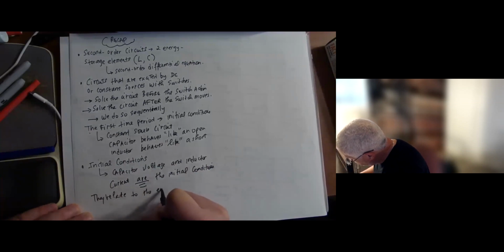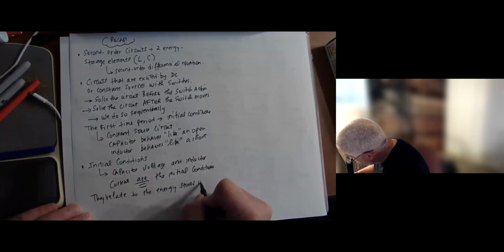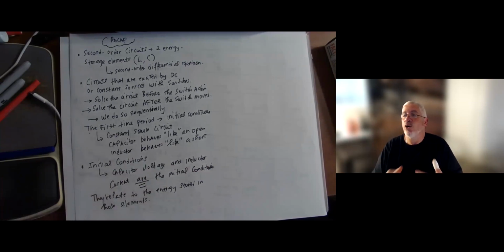Why are they the initial conditions? They relate to the energy stored in those elements. Okay, they're really the energy stored. I've used the gas tank analogy quite a bit.